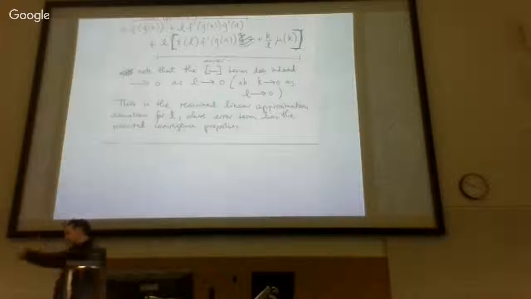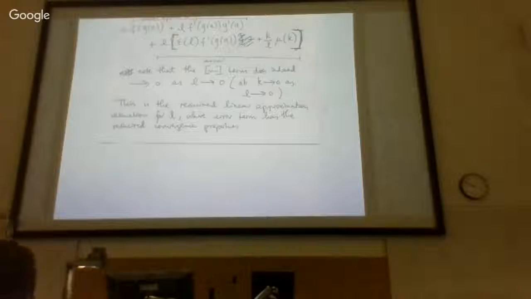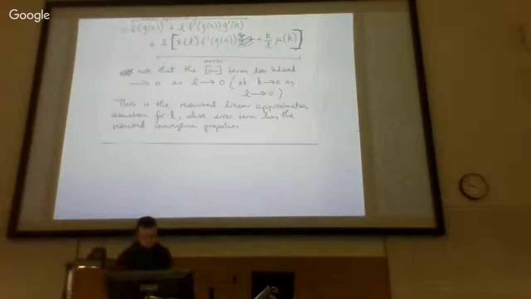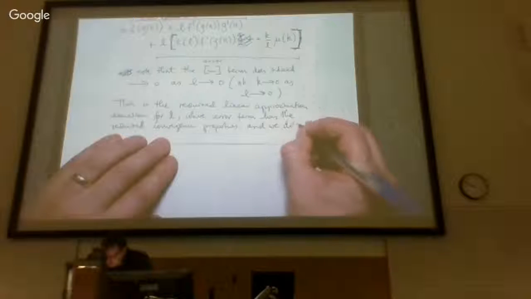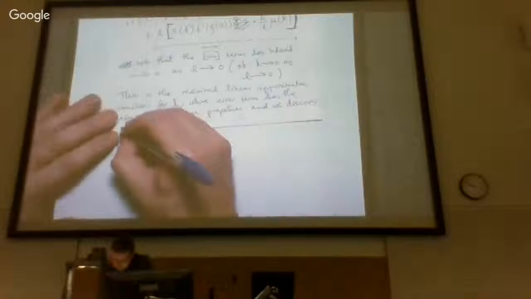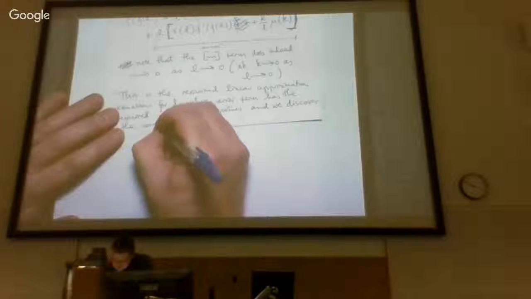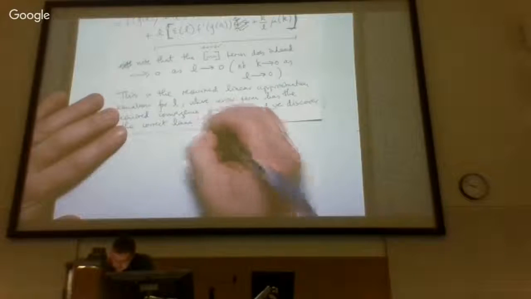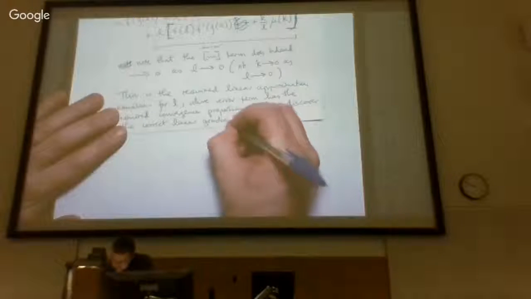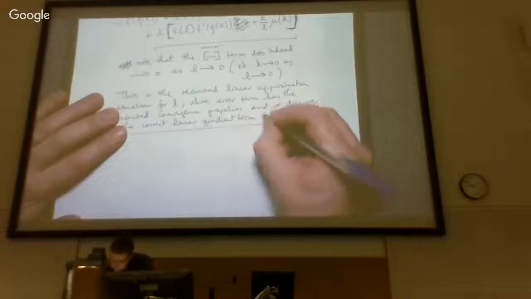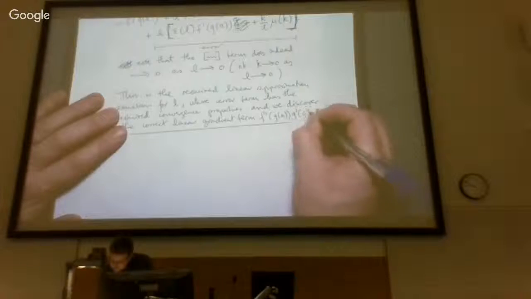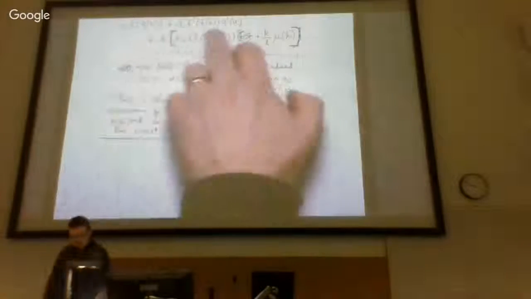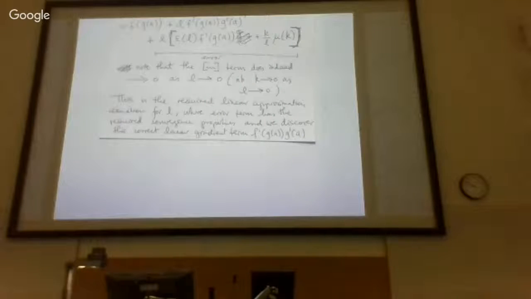It's expressed as l times a function of l, and the other function of l converges to 0. So the last point is, we discover the correct linear gradient term, f prime evaluated at g of a times g prime, that term there multiplying the l in the linear approximation.